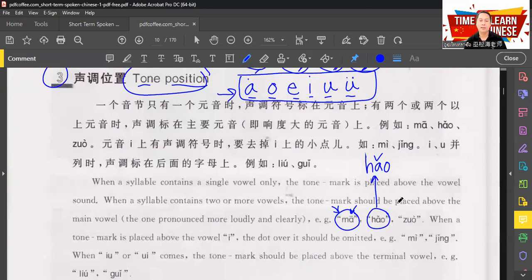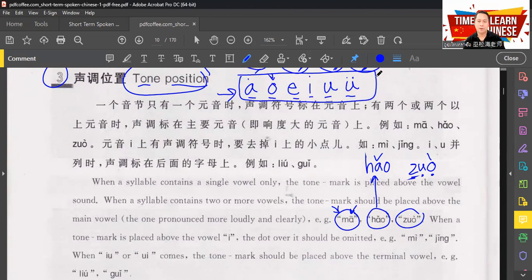Okay, and the next one, z, u, o. z is z, u is u, o is o. So we have to mark on o because o is the second final.